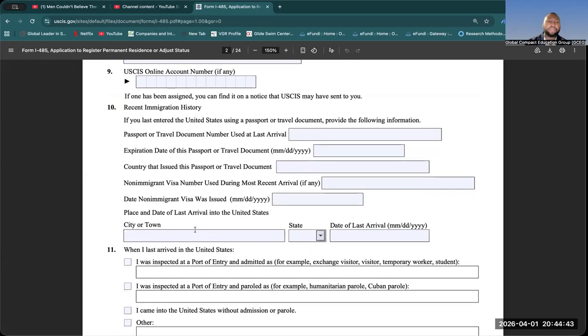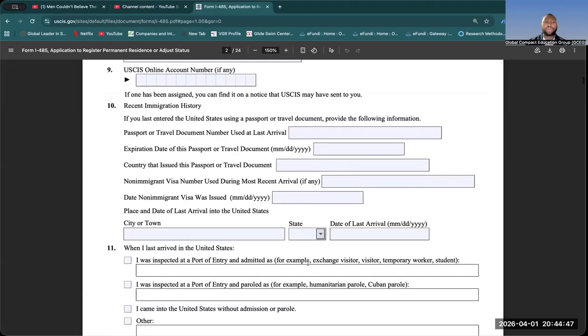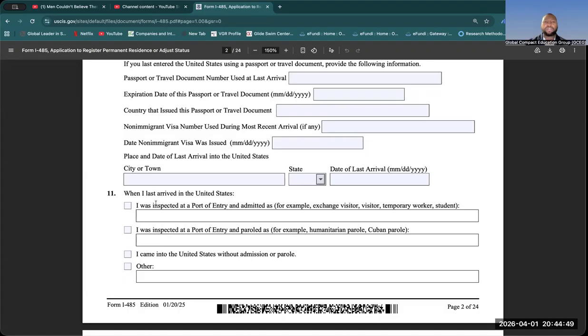Place and date of last arrival. Then here, what were you? You write what your status was. Were you a visitor, exchange visitor, temporary worker, or student? Whatever the case might be.